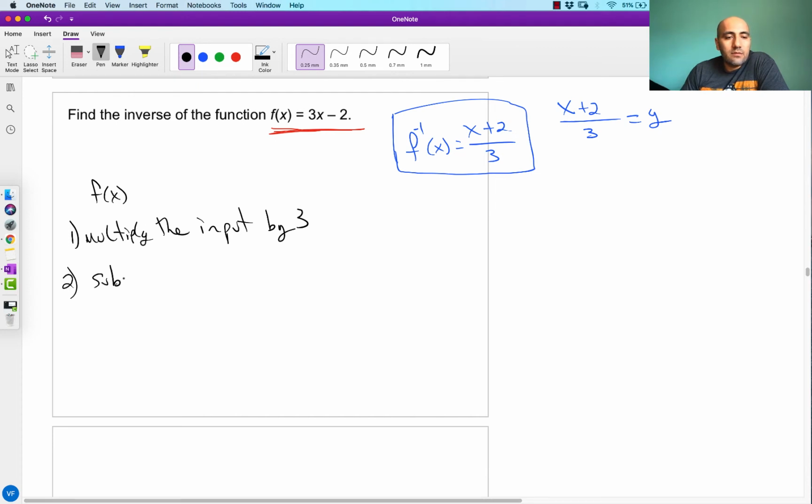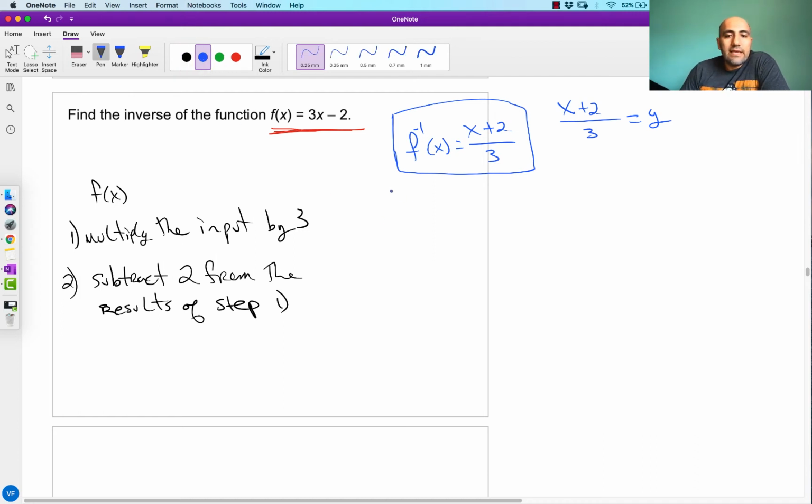Subtract 2 from the results of step 1. Right? Whatever you get from step 1, subtract 2. Those are this set of instructions.